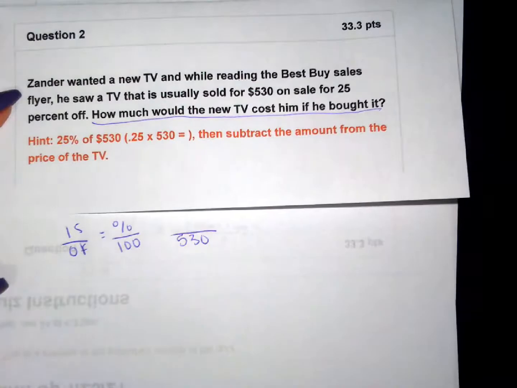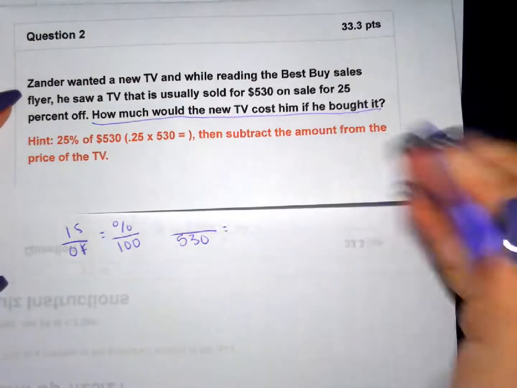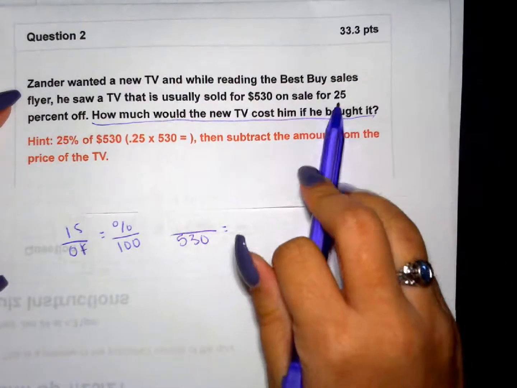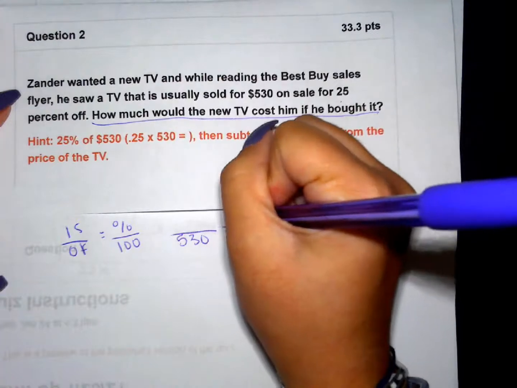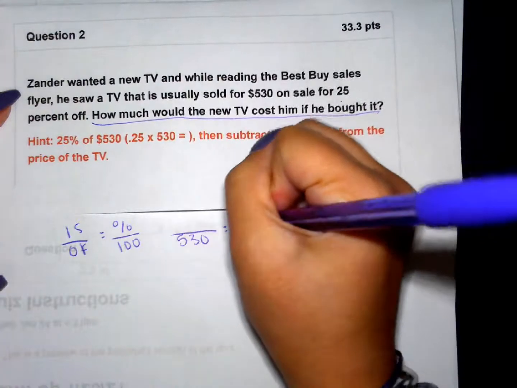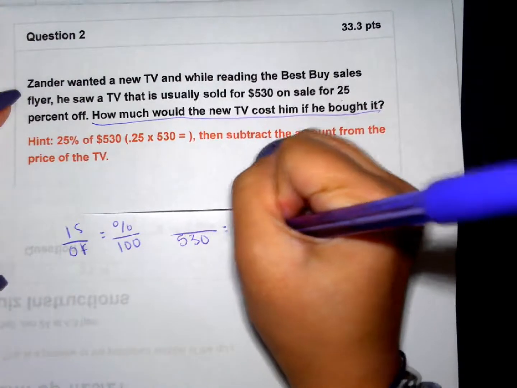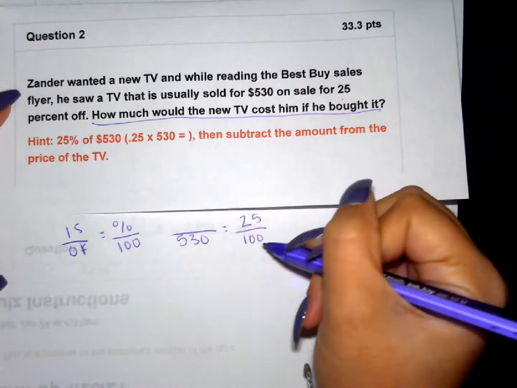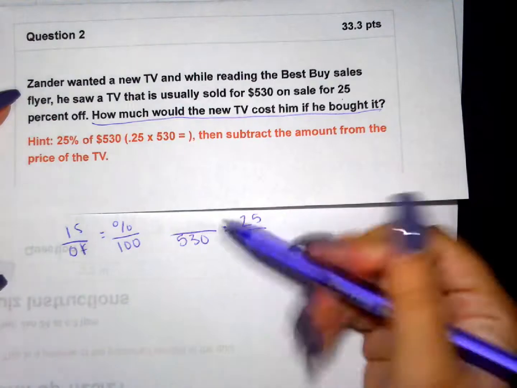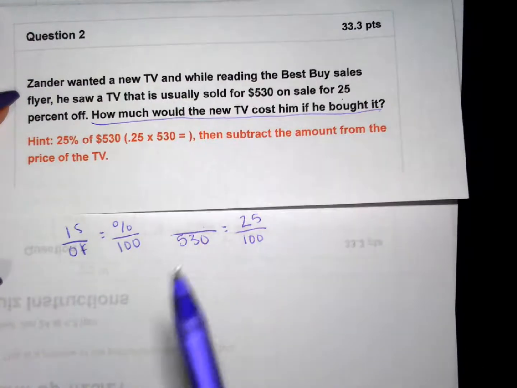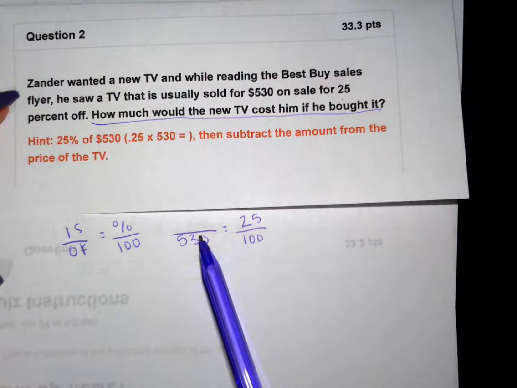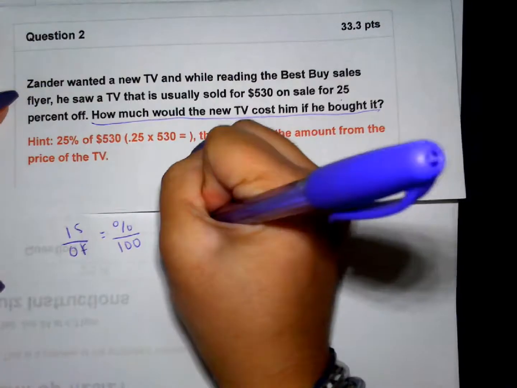And we know that the flyer says that it's 25% off, so we're going to plug that in where the percentage goes right here. And we keep the 100 always. This always stays the same. So we do not have anything to fill in here. We don't have any extra numbers in the problem. So this is what we're solving for, and we are going to put an X right here.